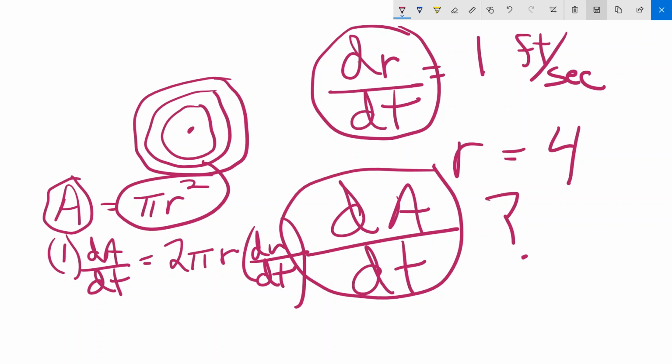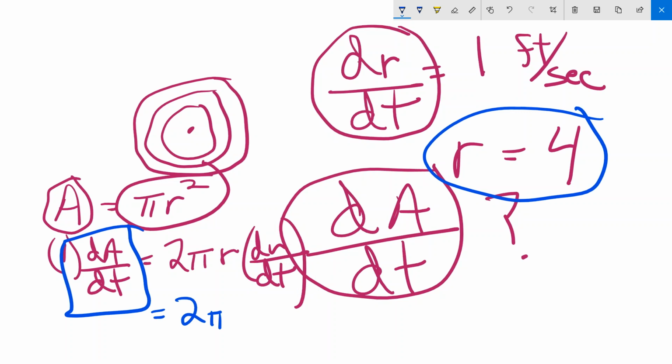And now notice we know everything. This is what we're trying to solve for, but we know it's 2 pi, and they said at the moment that r was equal to 4. And I know what dr/dt is, 1 foot per second.